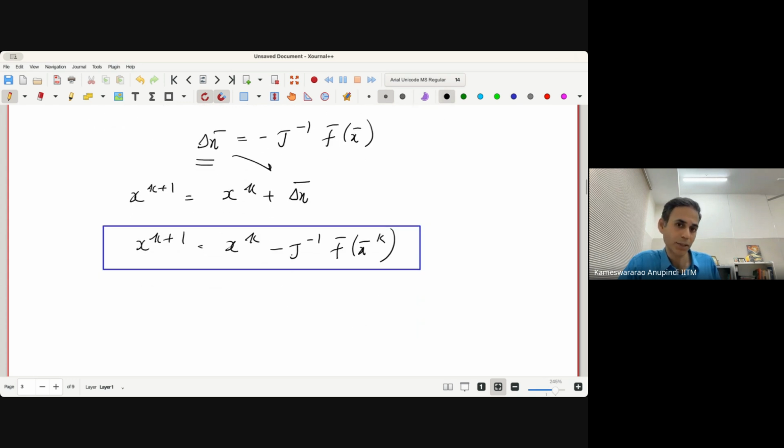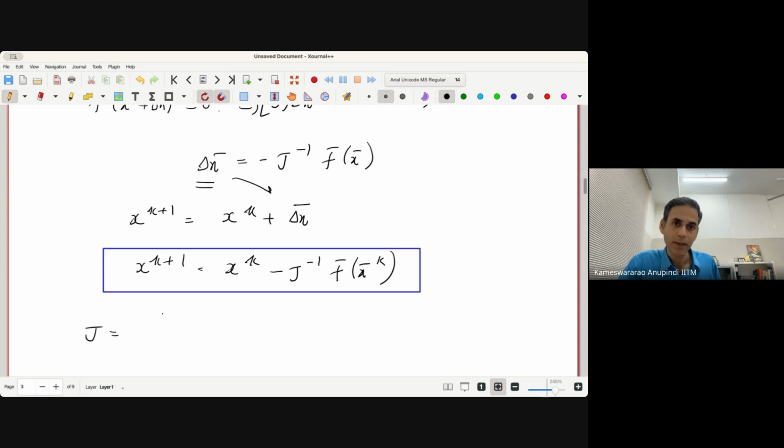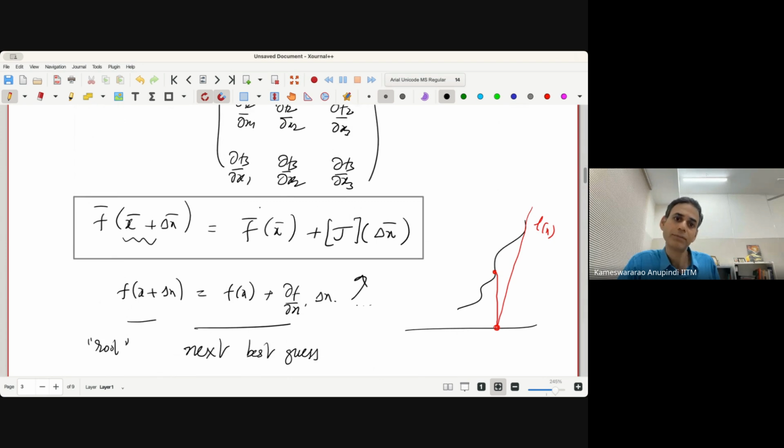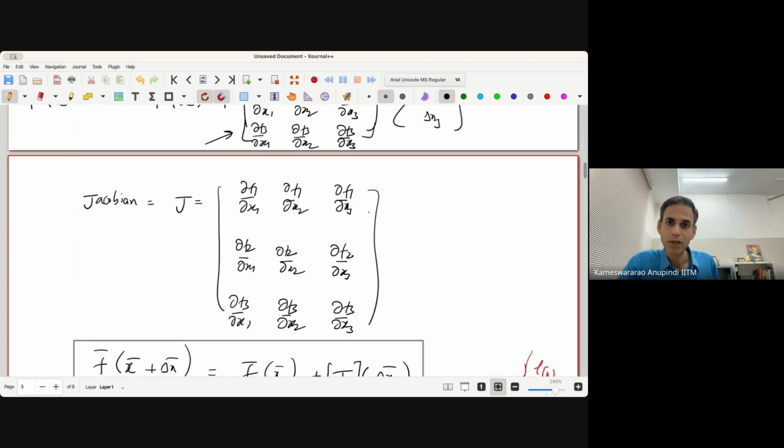Okay. Now, what is this J inverse? We wrote J as partial f as this thing. That is nothing but f bar prime of x k, right? All these things are evaluated at x bar equals x bar k, right? So this is f bar prime of x k. I can write it like that, right? Because prime means it is derivative.